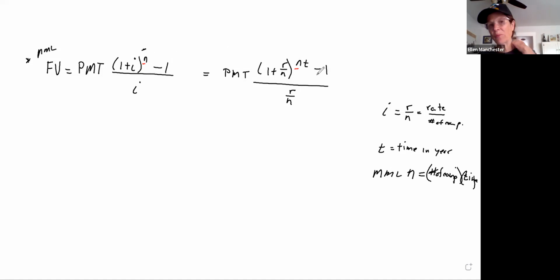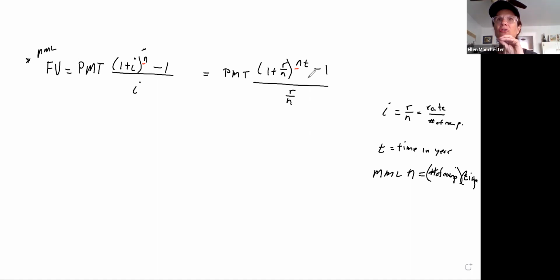Okay, so what I'm going to do is I'm going to walk you through how to use this. Now, remember, your calculator does not know order of operation. All right, your calculator will only work based on how you plug it in.